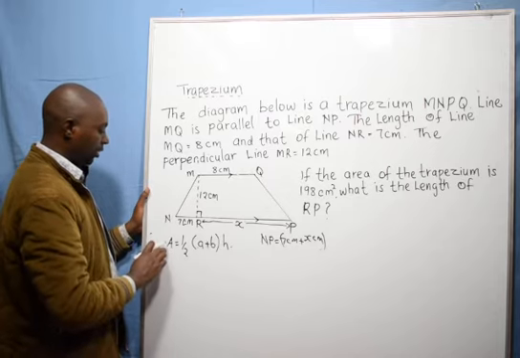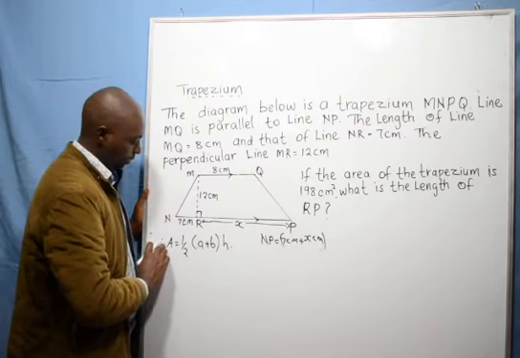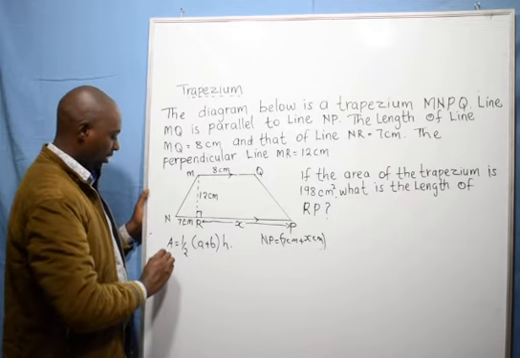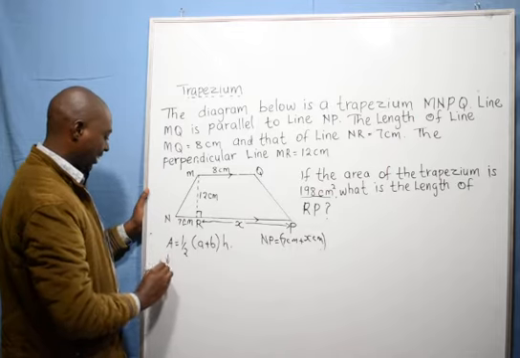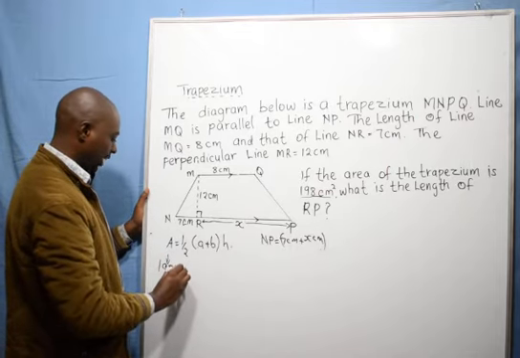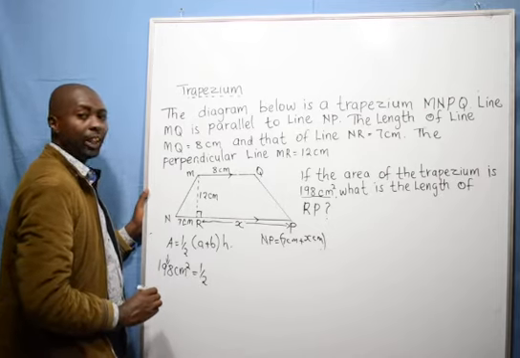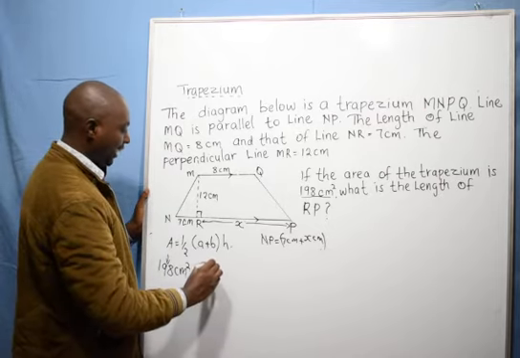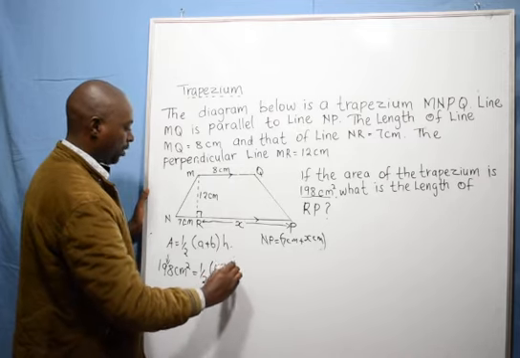Using this formula, replace every letter with a value. I replaced A with the area, which was given as 198 square centimeters, equals a half, which does not need to be replaced, times (A, which is 8, plus B).